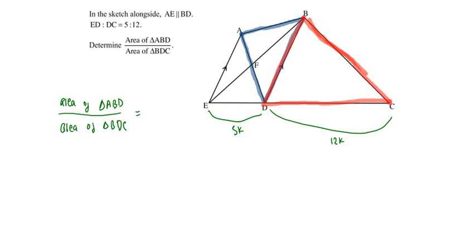Right, Mr. Fatai said AB. I see, AB is the base, BD is the height. Okay, AB is the base. Wow. That is at least very good, that you could identify that we can take AB as the base.